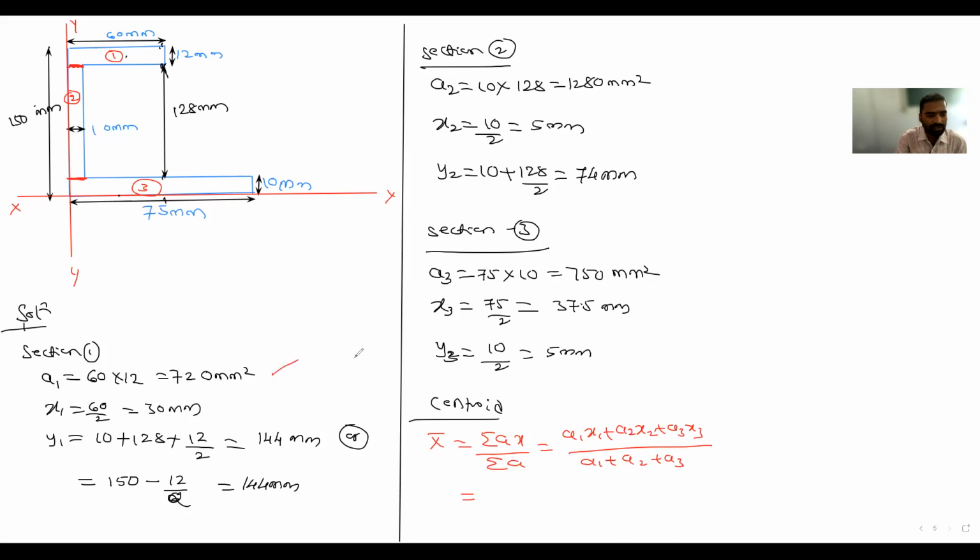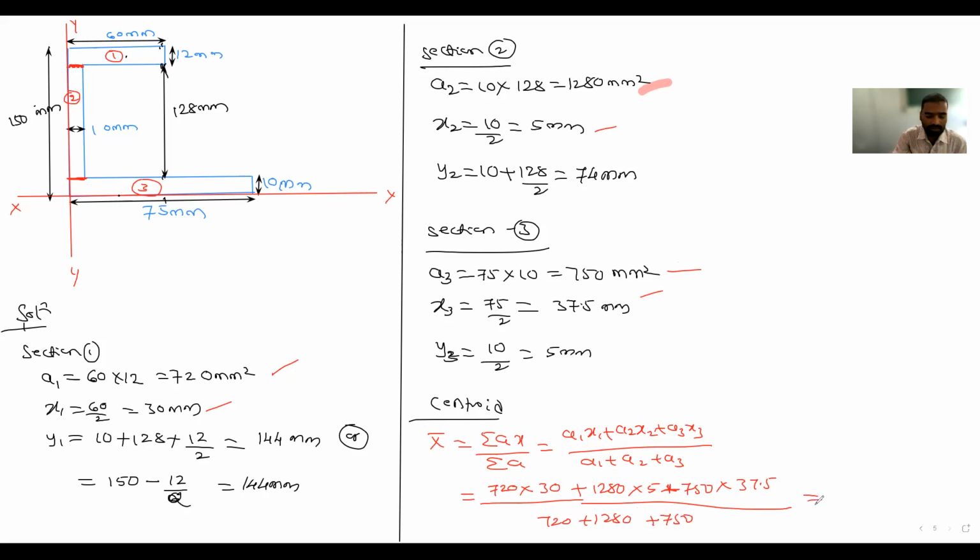So A1 is 720 into x1, 30, plus A2, 1280 into x2, which is 5 mm, plus A3, 750 into x3, 37.5, divided by the whole, that is 720 plus 1280 plus 750.